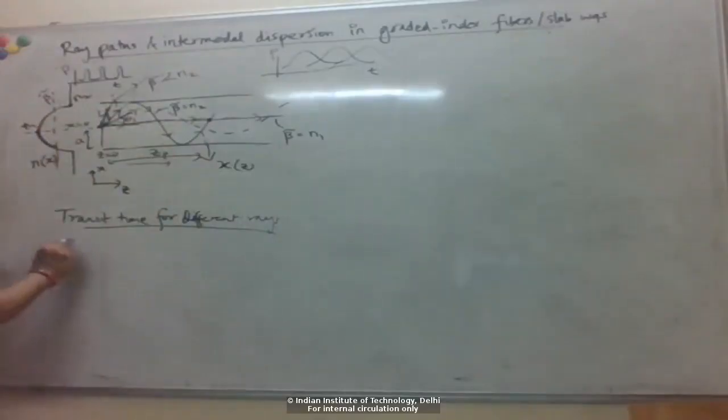So again, we take a small portion of the path. This is ds. This is the angle phi x.